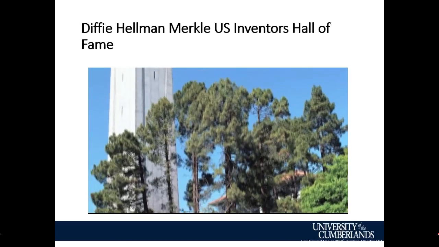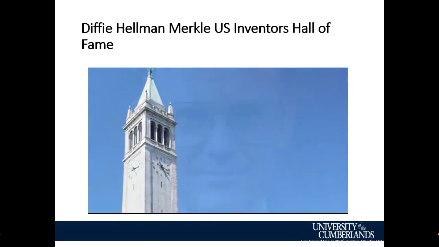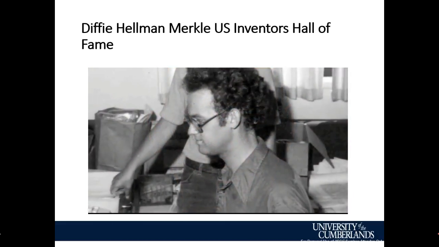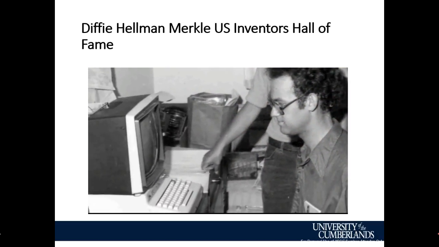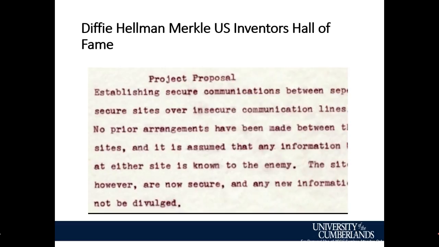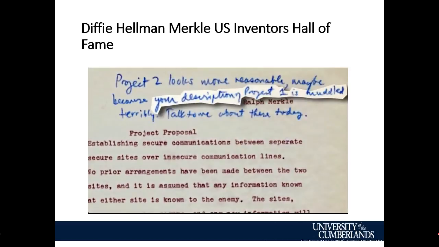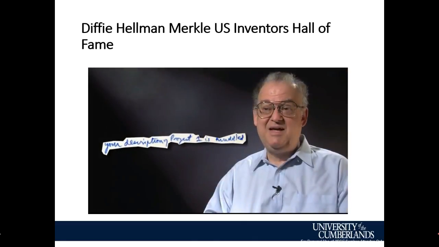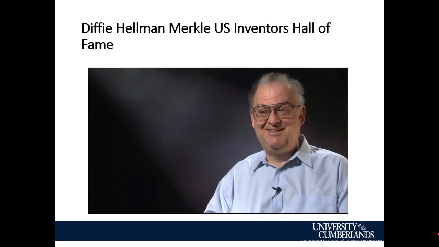At the University of California, Berkeley in 1974, an undergraduate student named Ralph Merkle envisioned a new way to exchange secrets between computers. His professor rejected the idea as muddled, and a leading scientific journal said it didn't make sense. It meant that this really was a good idea.